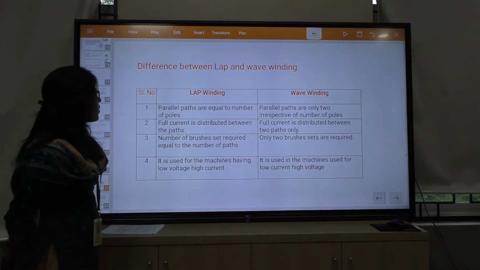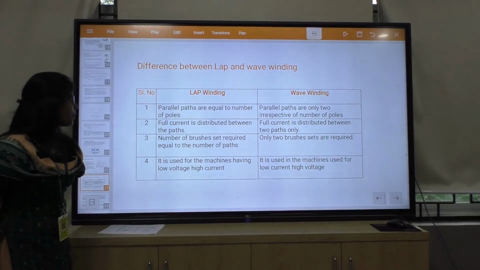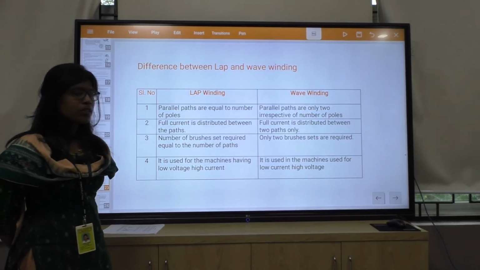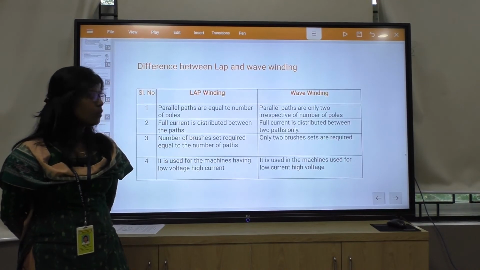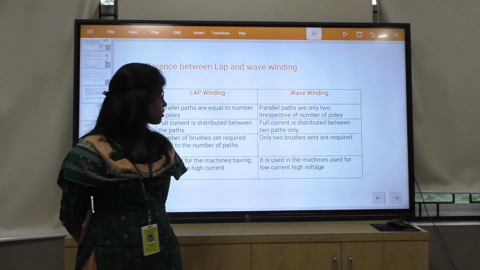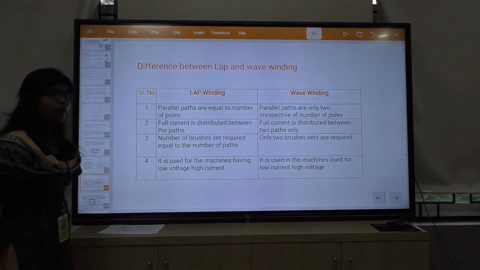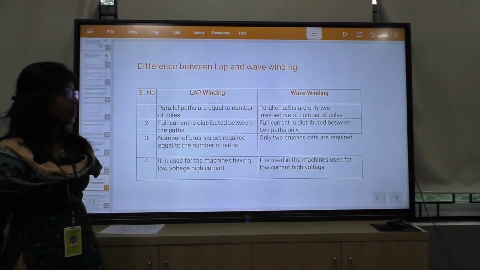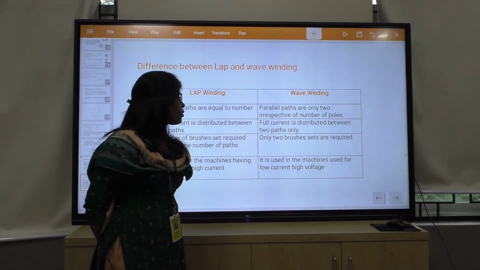So, what is the difference between lap winding and wave winding? In lap winding the number of parallel paths is equal to the number of poles, but in wave winding the number of parallel paths is equal to 2 irrespective of the number of poles. In lap winding the current is distributed between many paths, but in wave winding the current is distributed between two paths only.